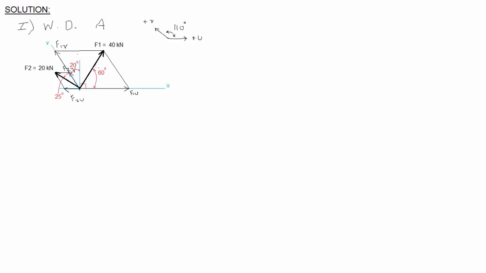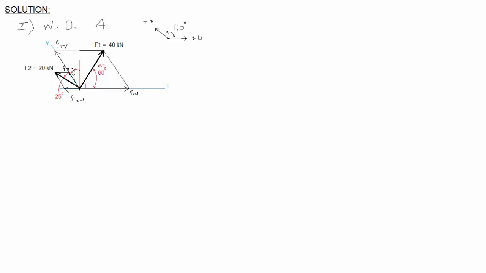Now, before I continue this problem, I also need to define these angles. So this 60-degree angle right here is my alpha. Now, if we look over at the other angles, from this F1 to the vertical line would be 30 degrees, and if you remember, from the vertical line to the v axis is 20 degrees.